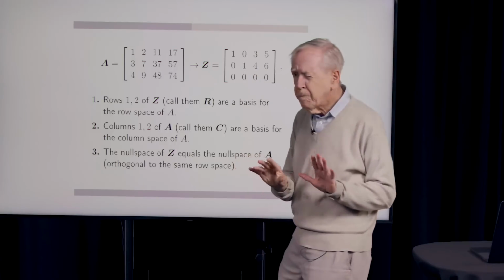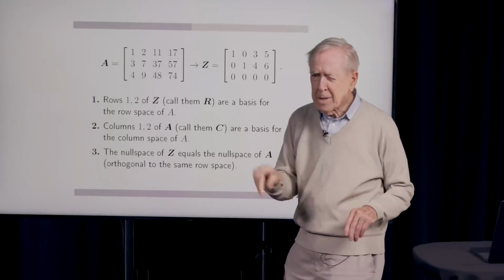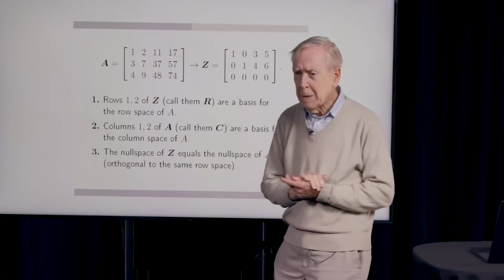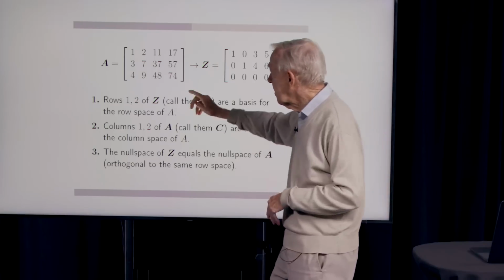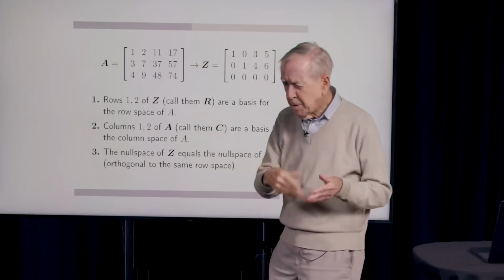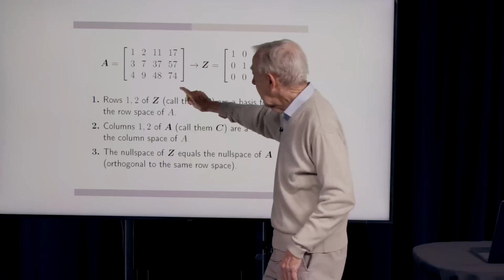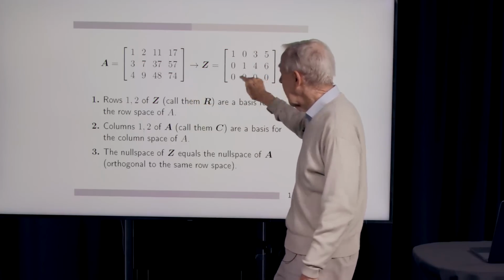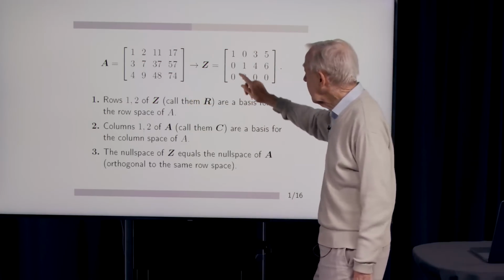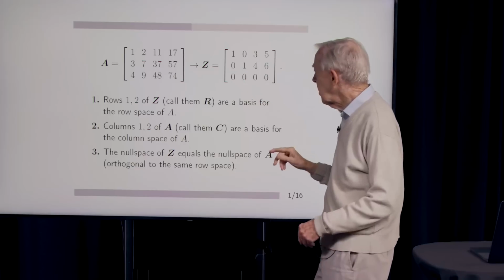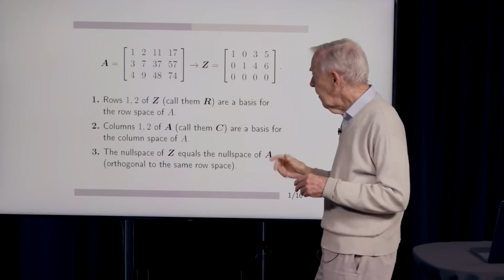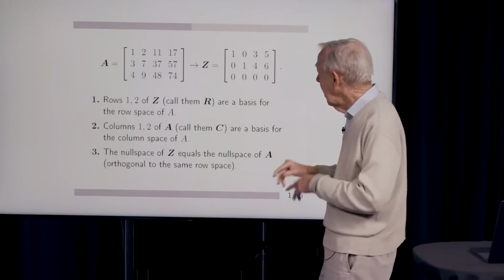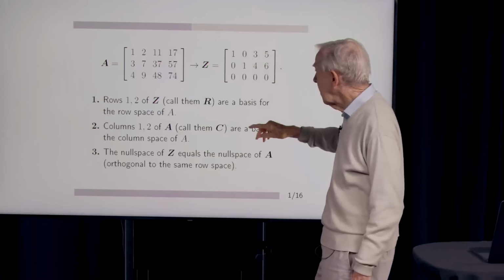I don't plan to discuss all the horrible details of elimination right here, but I'll tell you the operations. And for this matrix, I end up with that matrix. This is what elimination goes to. If we go the whole way, we get a couple of columns.